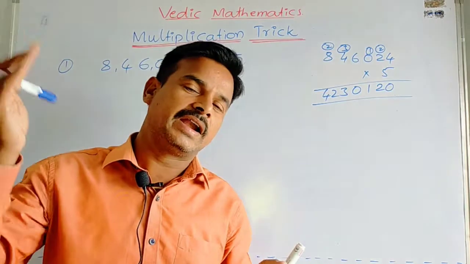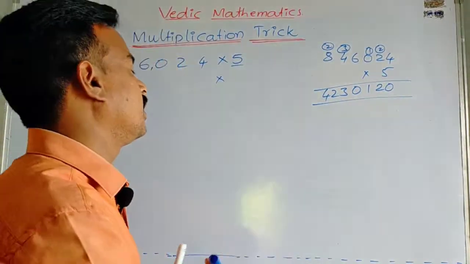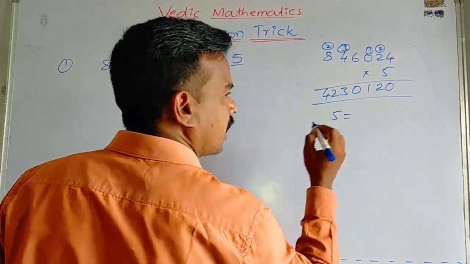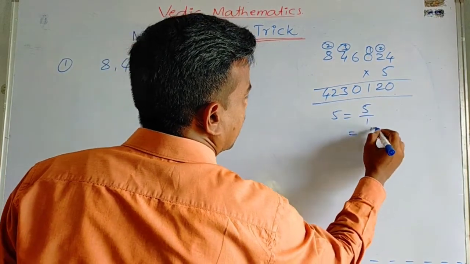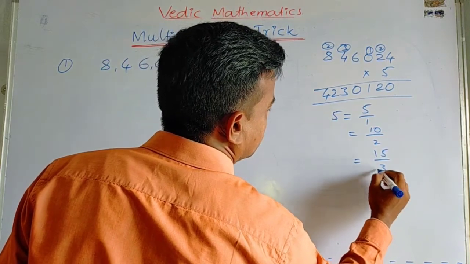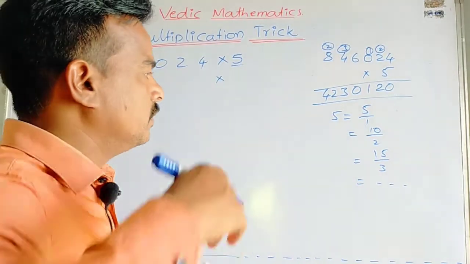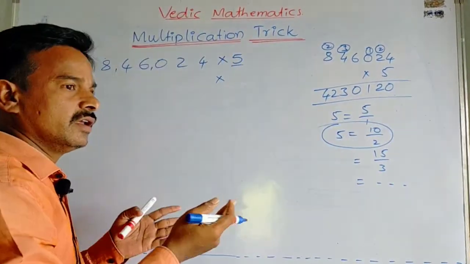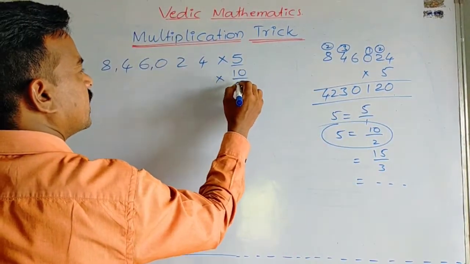Like this, we can write infinitely many forms. I am taking this one now. It is very simple and we can do it easily. 5 is equal to 10 by 2. So this one we can write as 10 by 2.